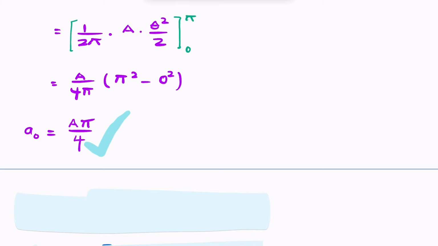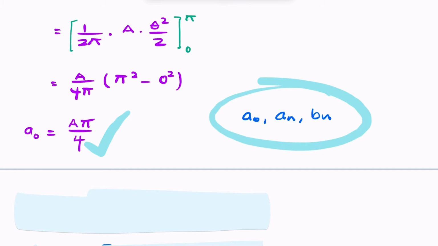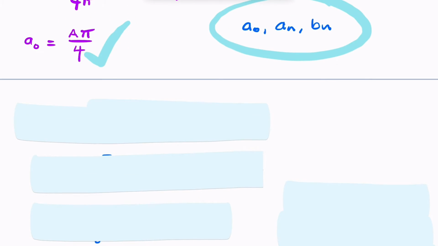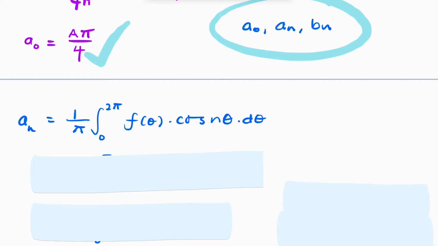Now remember, to find the Fourier coefficients, we need to find a naught, an for all the cosines, and bn for all the sines. So that's what we're looking for. We found a naught. Let's now look at an. And again, there is an expression for an.